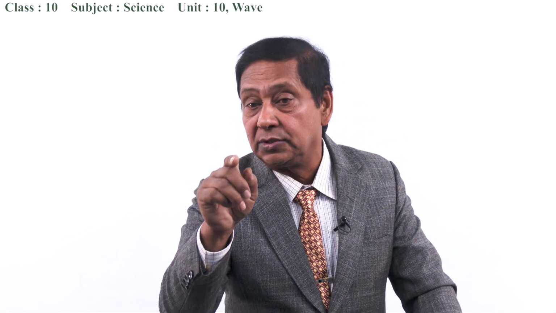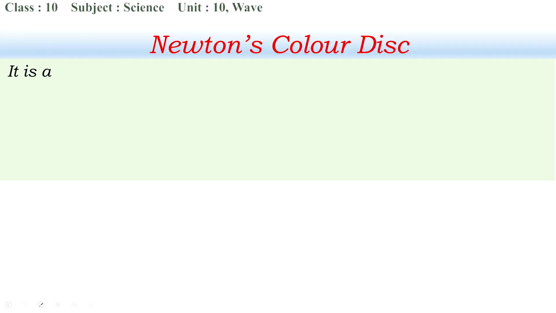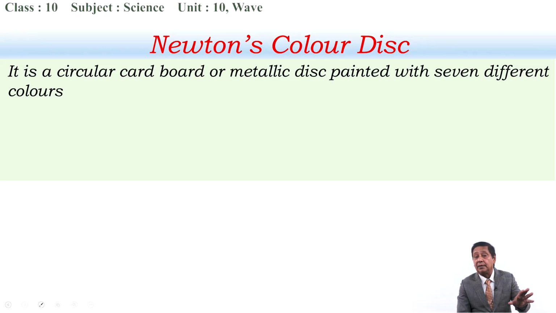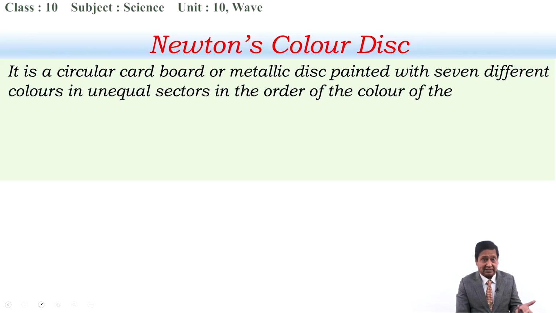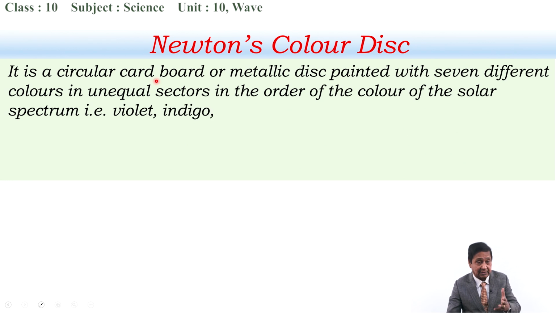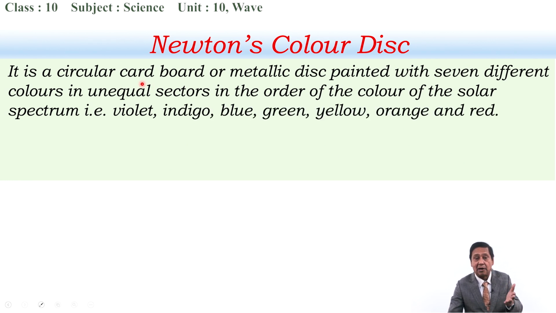And we are going to talk about this Newton's disk. This is actually a circular cardboard or metallic disc. We can make the discs from cardboard or metal also. It is a circular disc which is painted with 7 different colors in unequal sectors in the order of color of solar spectrum, that is violet, indigo, blue, green, yellow, orange and red.